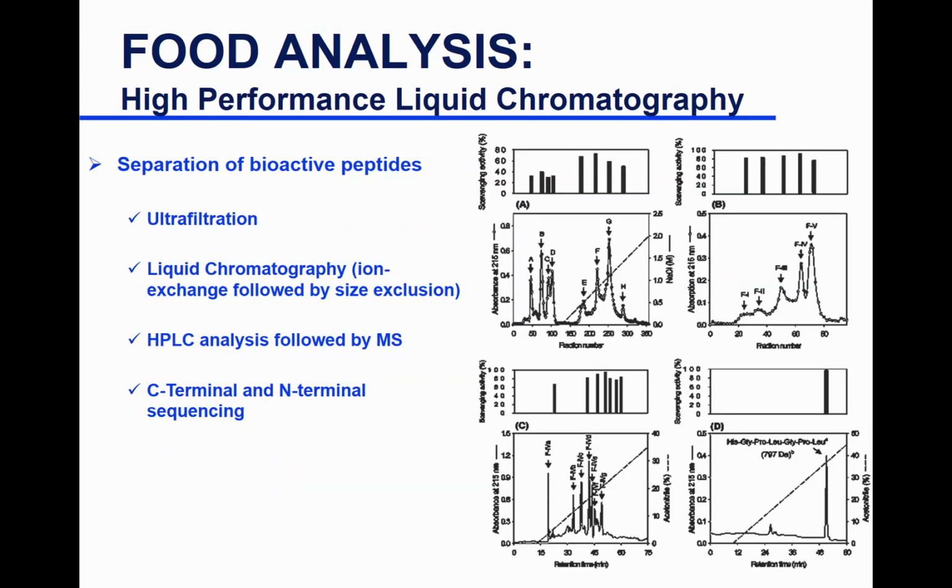Okay, so one quick minute, because I don't want to come back to HPLC. What I want to say here is in HPLC you can do something called tandem HPLC. So you can separate, in this example, bioactive peptides using different modes of separation until you get a purified peptide at the end.